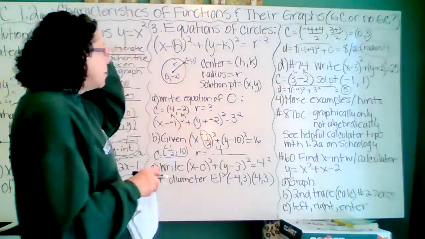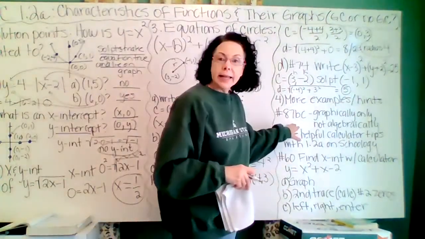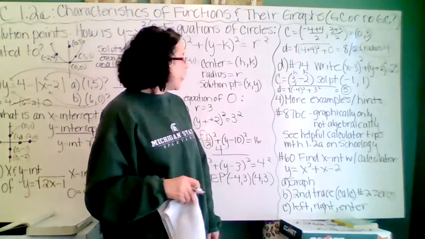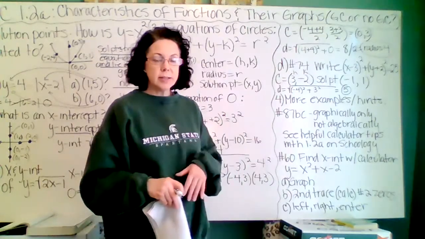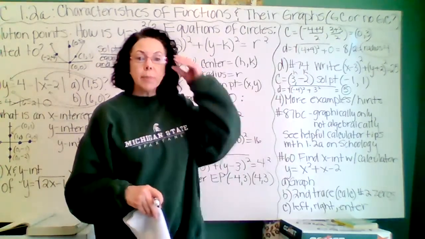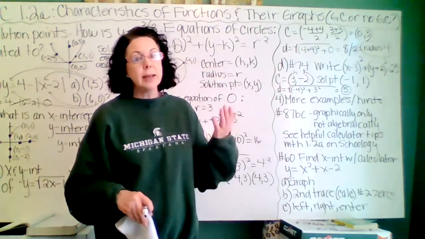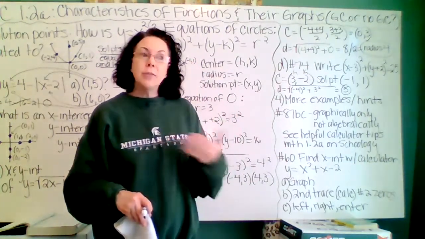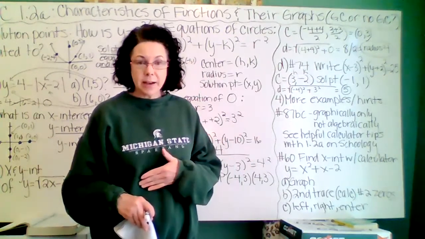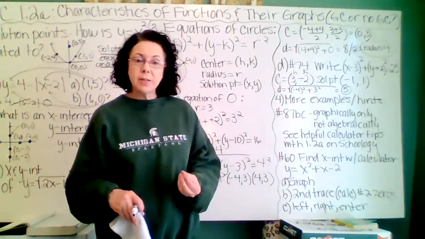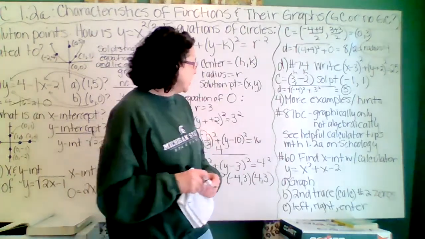Okay, more examples and hints. On 87B and C, that is stats you're putting into the calculator again. Remember, when you've been given years, you start with the earliest year as a 0 and any years after that. For instance, 5 years after your first year, you would input as a 5, not as that year.